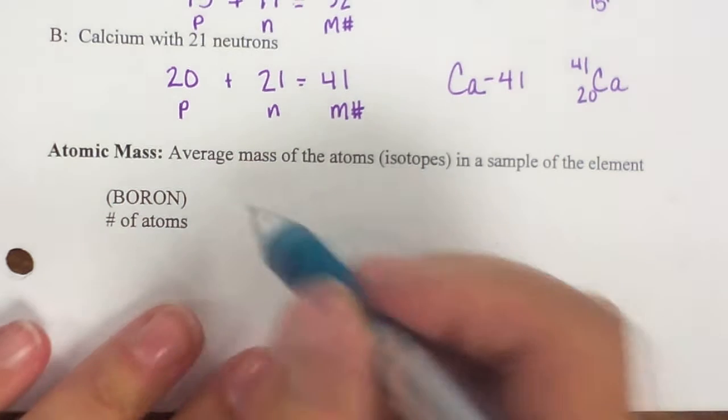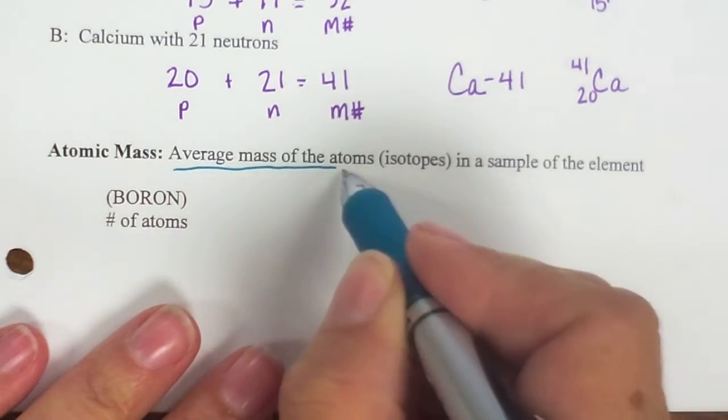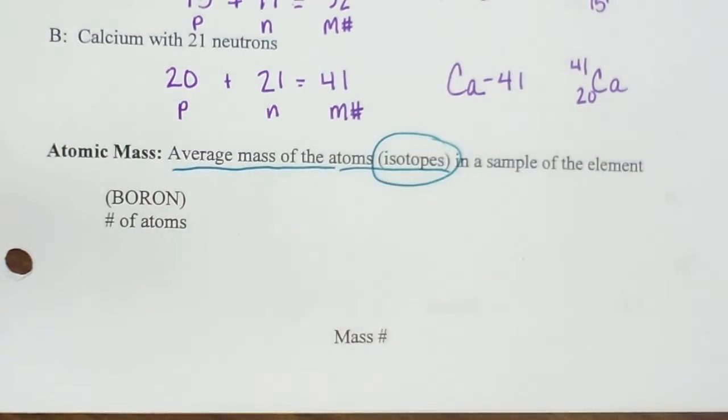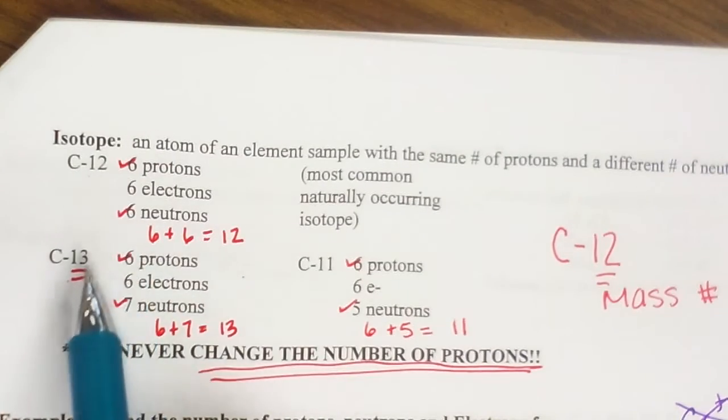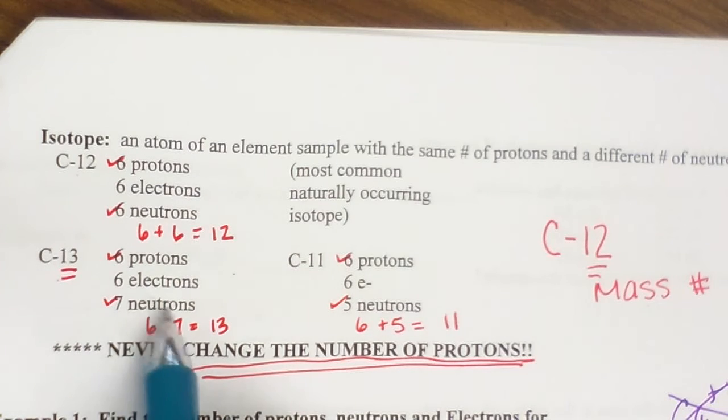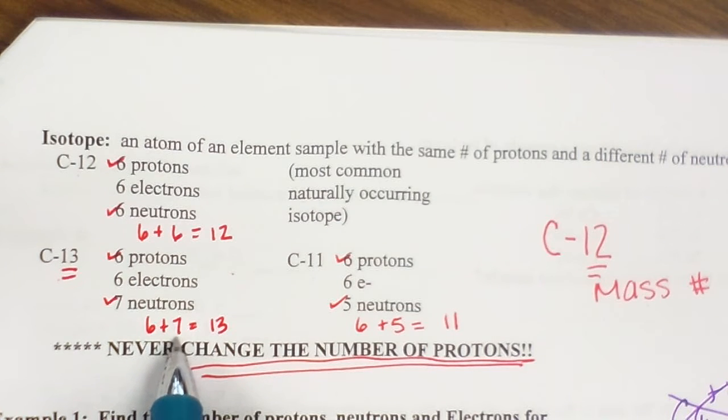But the atomic mass is an average of the atoms. It's an average of the isotopes. So when you have a sample of carbon that occurs naturally, in that sample is, remember, carbon 12, carbon 13, carbon 11, all these different isotopes are in that one sample. It's not simply carbon 12.